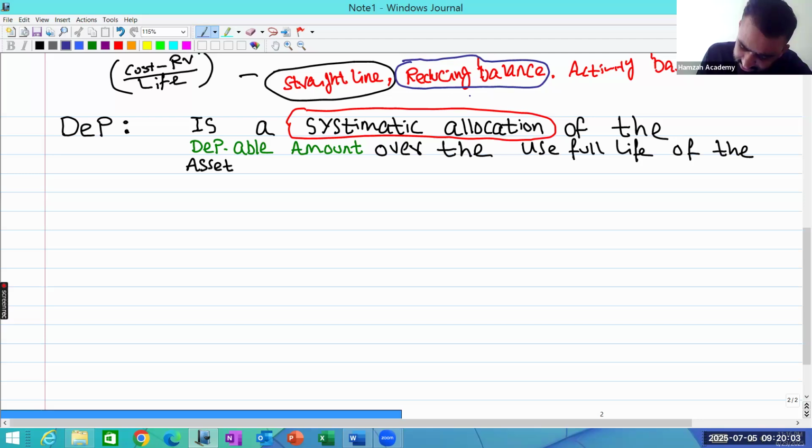In reducing balance, the depreciation is equal to cost minus accumulated depreciation, multiplied by the percentage of the depreciation.